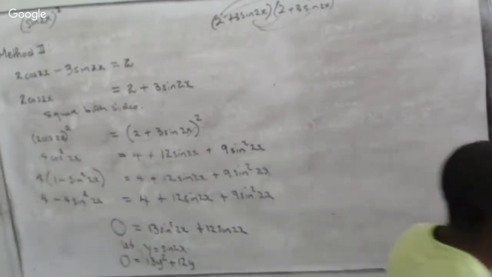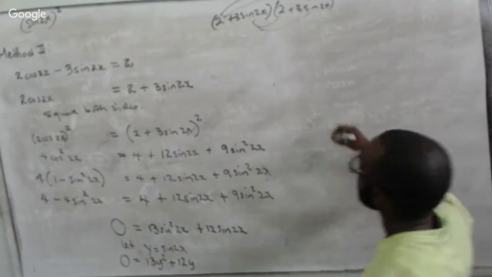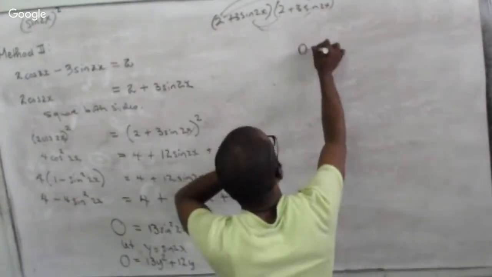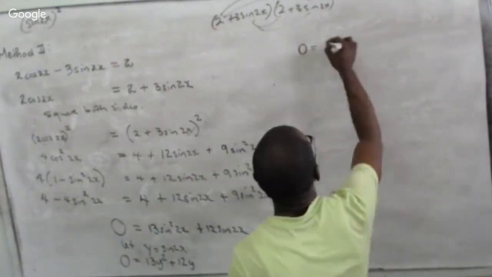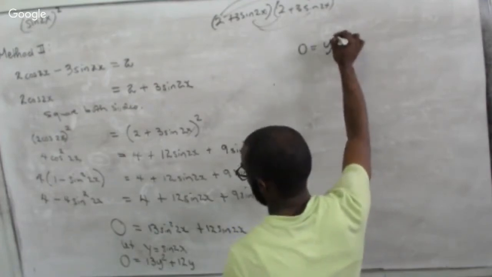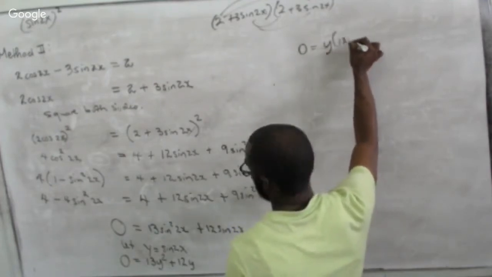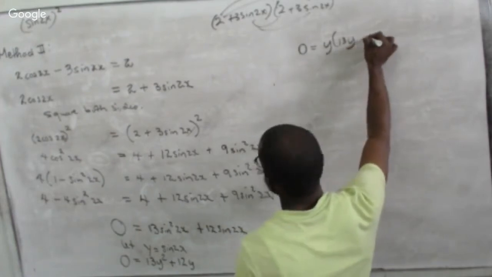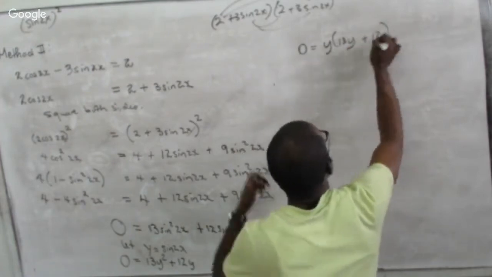Is that good? So can you see that this is 0 equal to y into 13y plus 12? That's correct?